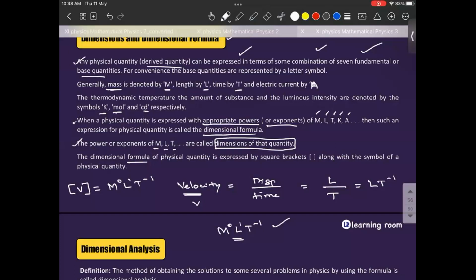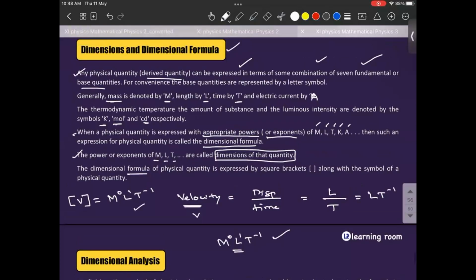You put the symbol inside, put a square bracket around it, and write the dimensional formula. So read it: dimensional formula of velocity is equal to M0 L1 T minus 1. Clear with this? So this is the basic outline of what is dimension and what is dimensional formula.